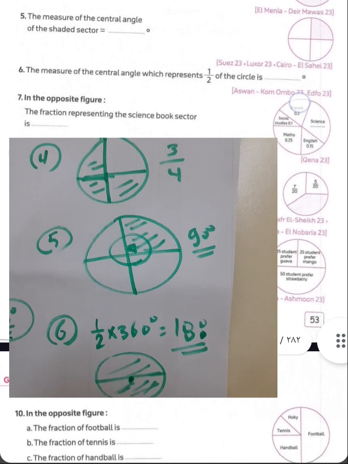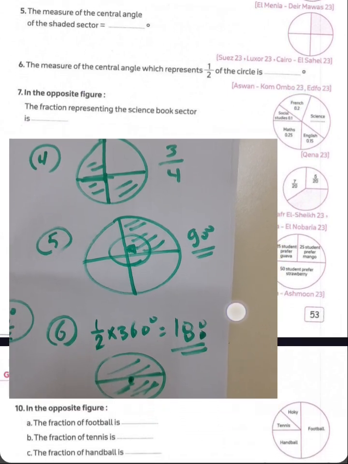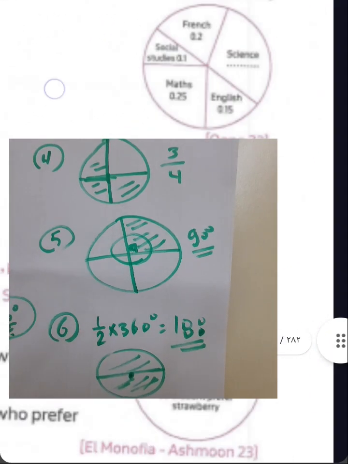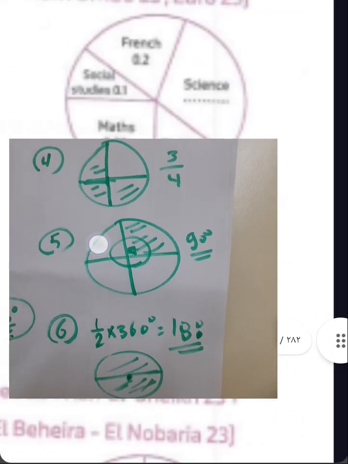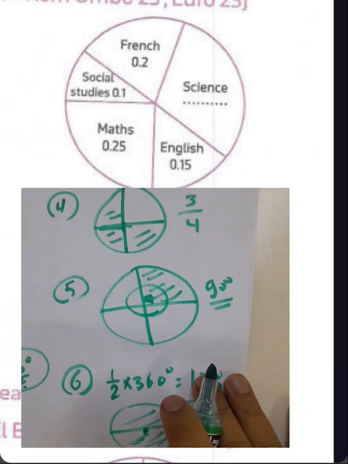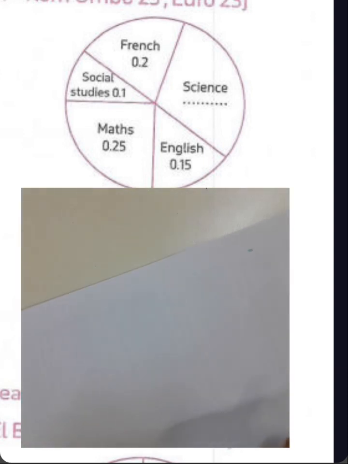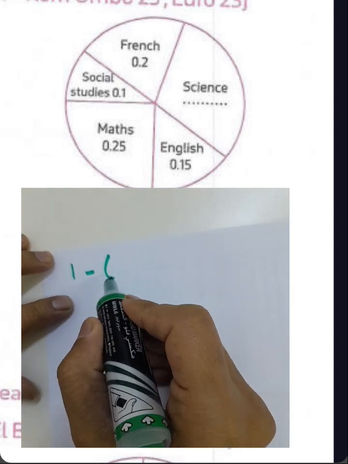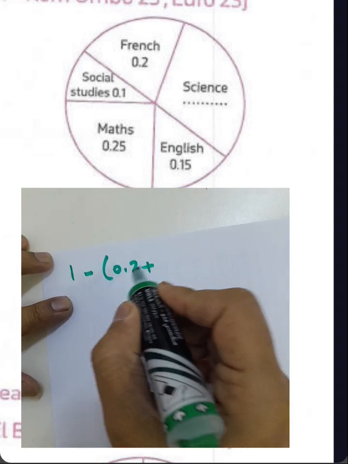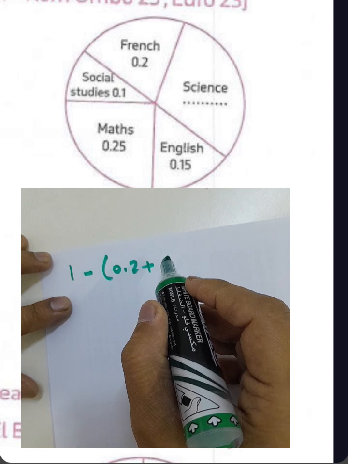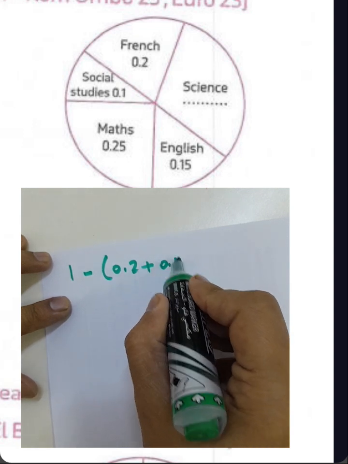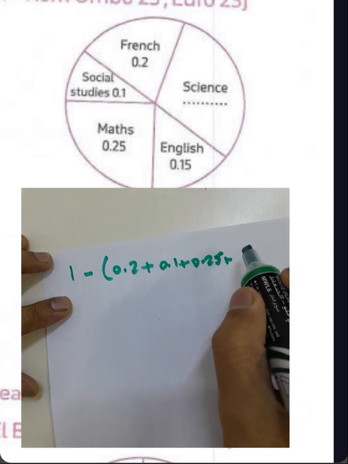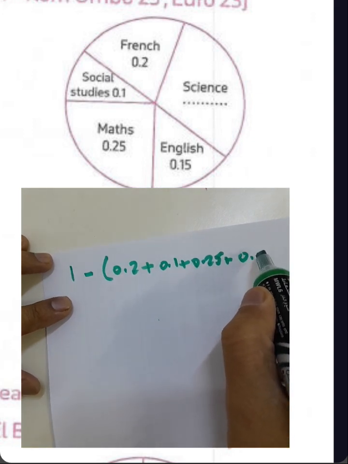Next question. The fraction which represents the science sector here. We can write the sum of all the decimal numbers and subtract the result from 1. 1 subtract: French is 0.2, social studies 0.1, math 0.25, and English 0.15.